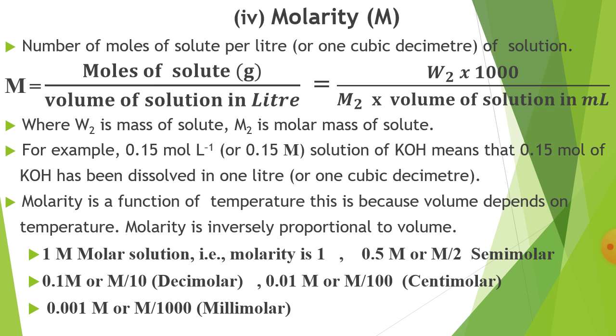If volume is given in ml and number of moles is given in terms of mass and molar mass, you can write the formula W2 multiplied by 1000 divided by M2 multiplied by volume of solution in ml, where W2 is mass of solute, that is the given mass, and M2 is molar mass of solute, that you have to calculate from the formula.